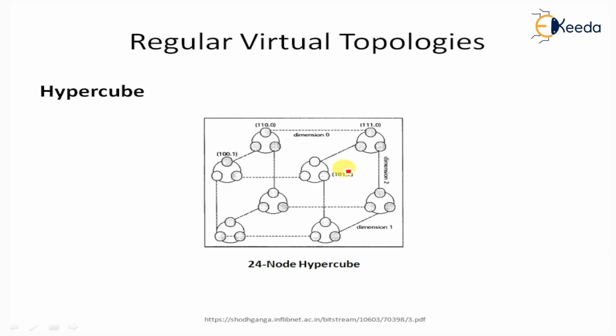In this case, all the nodes are connected. The 24 node hypercube is connected using one kind of ring network with all the bidirectional links provided over here. So they are in one cube. So this is the particular 24 node hypercube.